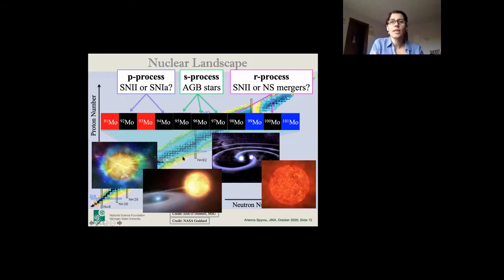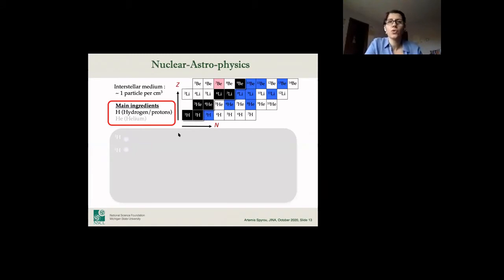So in terms of looking at how all these processes work in nuclear physics, I wanted to show you just the simplest, most basic example of trying to form new elements in an astrophysical environment. I will do that by trying to get from hydrogen to helium-4. Helium-4 is one of the most stable nuclei we have.